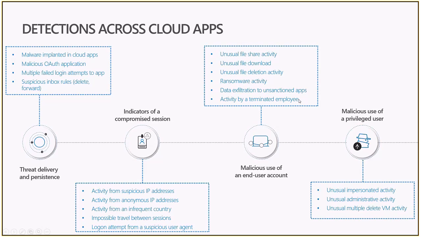Activity by a terminated employee is also a popular detection, because if you think about those applications that are not managed by IT but delegated, where the administration has been delegated to some of the users that are managing that specific application, most of the time they will not have correct management of the user accounts that are in use in those applications.